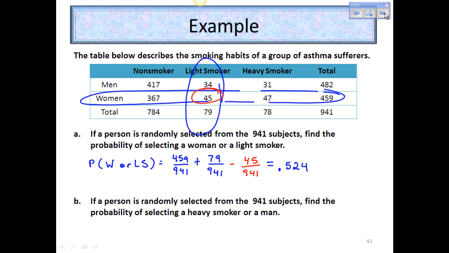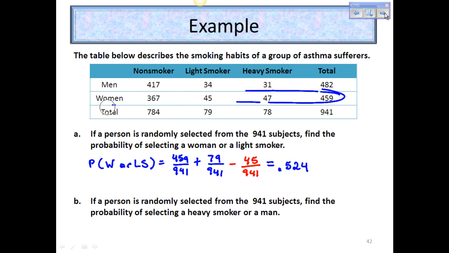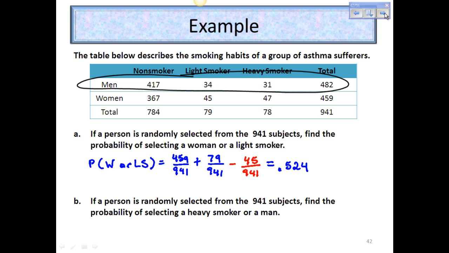Now in the next problem, we're going to be looking for heavy smokers that are also men. So let me erase our circles for our women who were light smokers. So, number of men, number of heavy smokers.